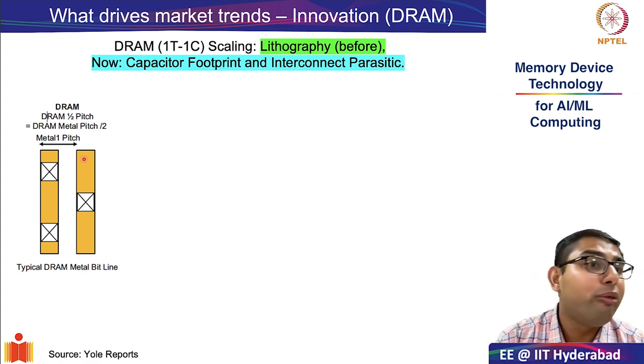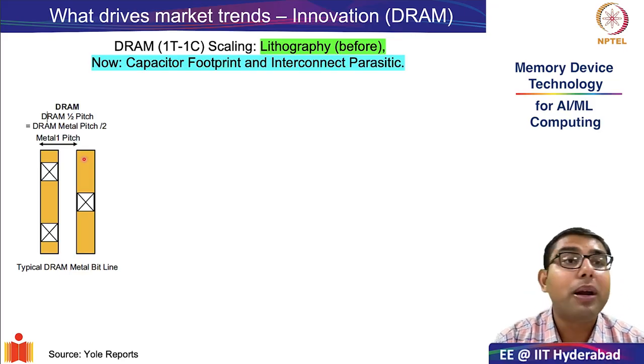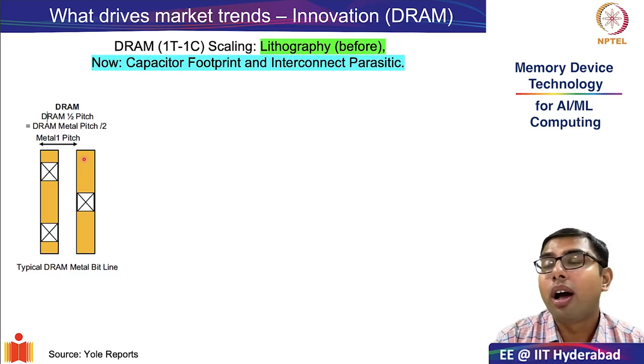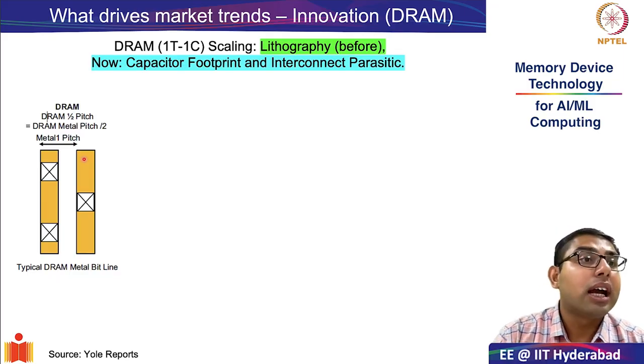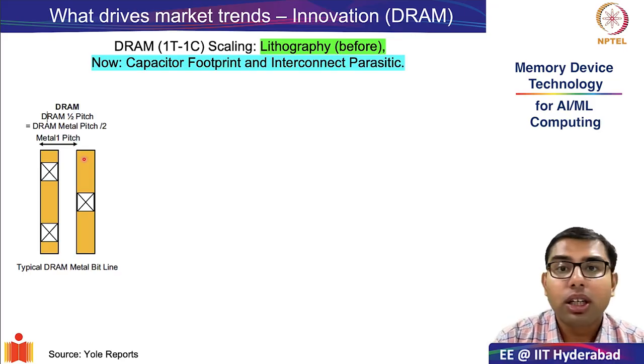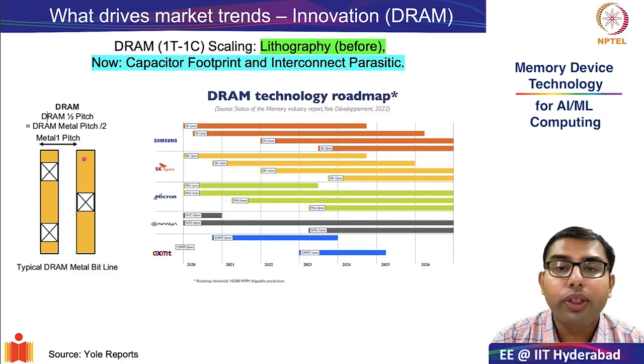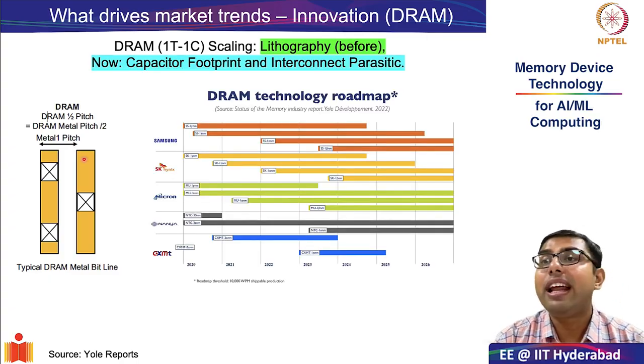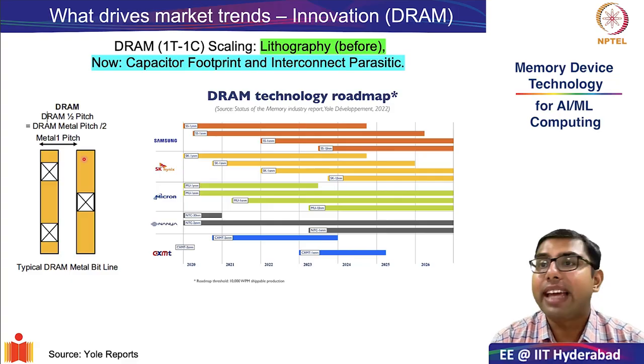Within a few classes, we will see what a bit line is, but just a heads up, the bit line is nothing but that which connects two memory cells. So here we want to see how the half pitch of DRAM cell is being scaled.